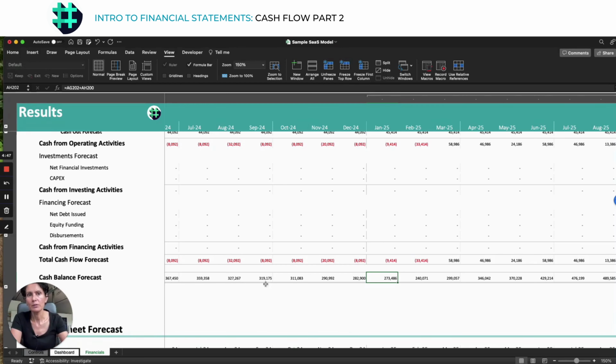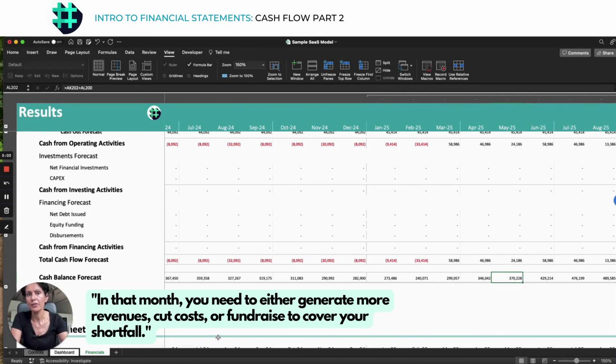So you're always going to be looking out for this cash balance line, and when it turns zero or negative, that means that you will be running out of cash in that month. So therefore you can count the number of months until you get there. That's called your runway. And in that month, either you need to be generating more revenues, you need to cut costs, or you need to go out and fundraise to cover your shortfall.